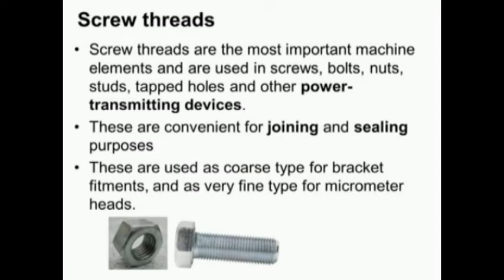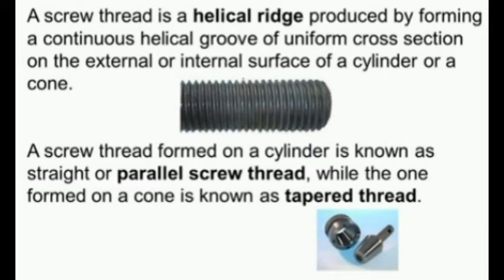These are used as coarse type for bracket fitments, and as a very fine type for micrometer heads and for precision moving mechanisms. So it's basically a helical ridge produced by forming a continuous helical groove of uniform cross section on an external or internal surface of a cylinder or a cone.